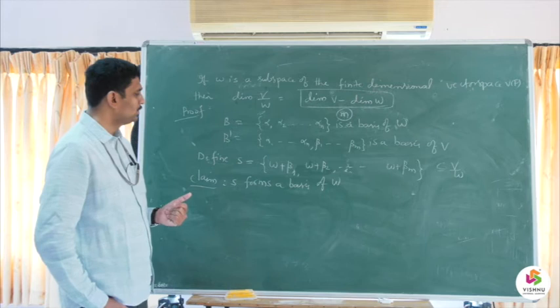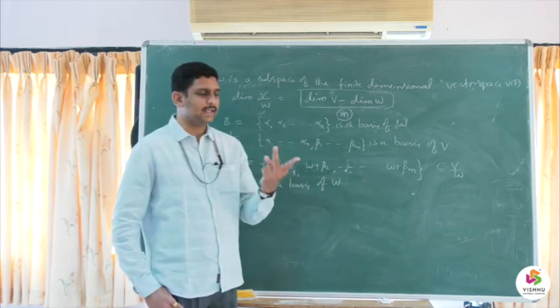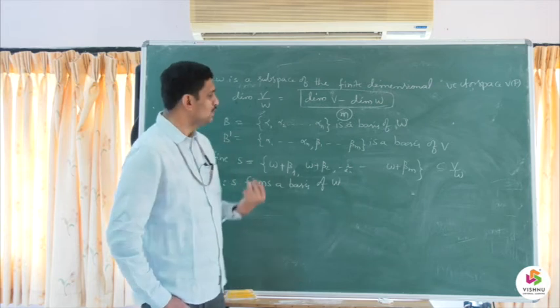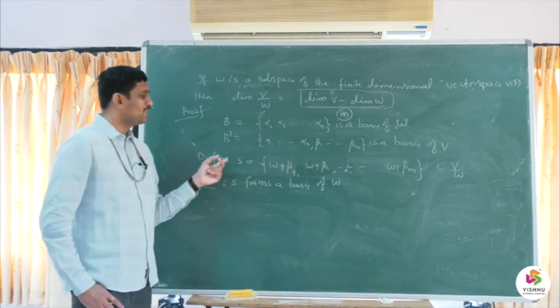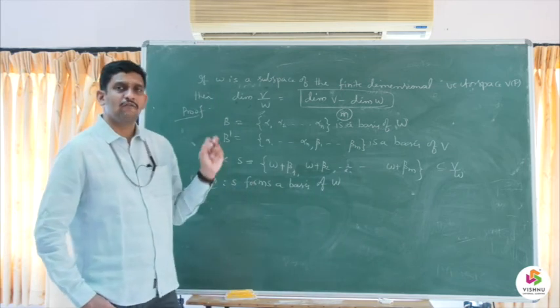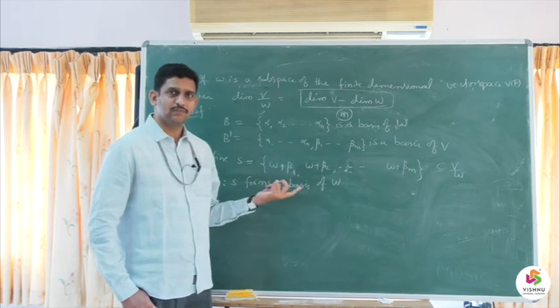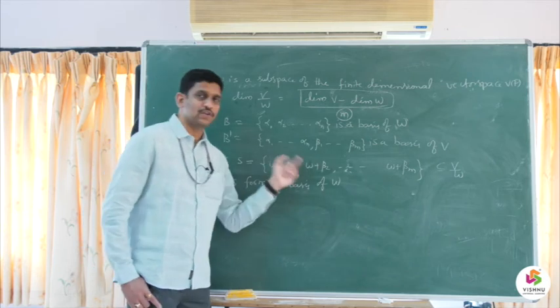Now, see what you are going to prove. Basis means it has two properties. It must be a linearly independent set and it must be a spanning set. So, first of all I want to prove that it is a linearly independent set. What is meant by linear independence? Whenever I write that a linear combination is 0, then all the scalars in that linear combination must be equal to 0.